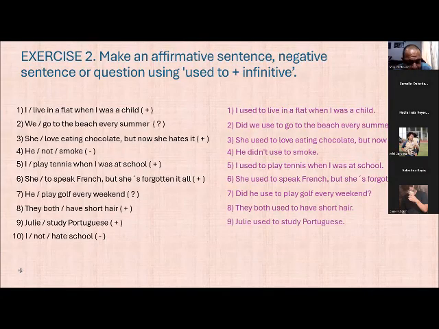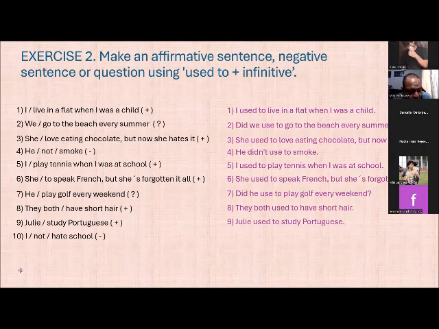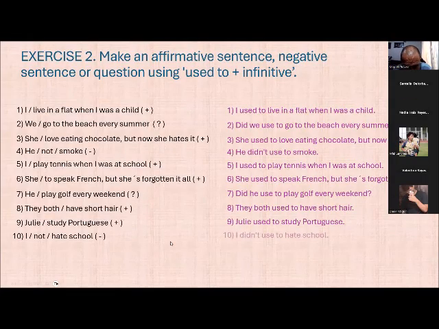Number 10, please. I didn't use to hate school. Okay, Santelis, thank you so much. Okay, I didn't use to hate school.